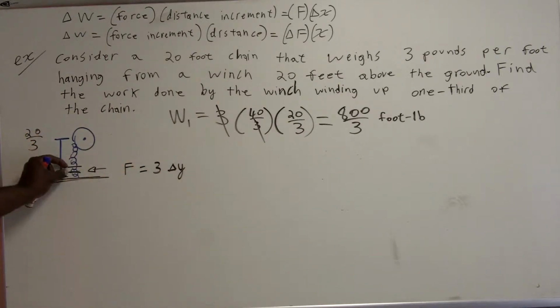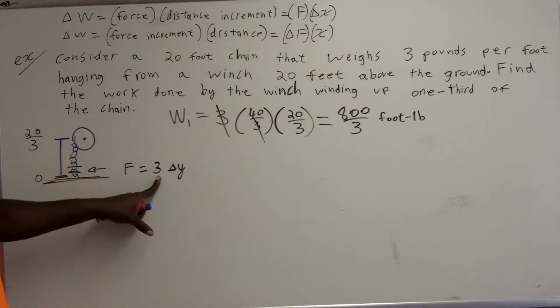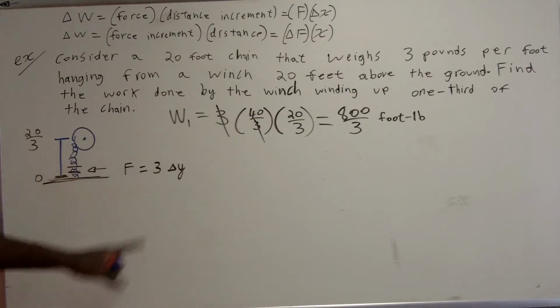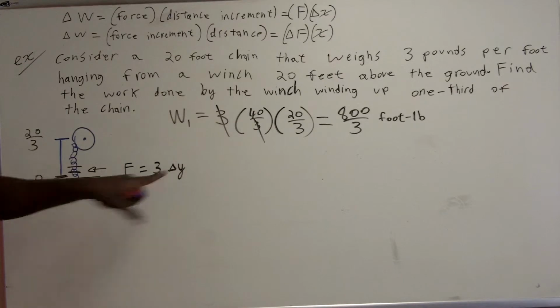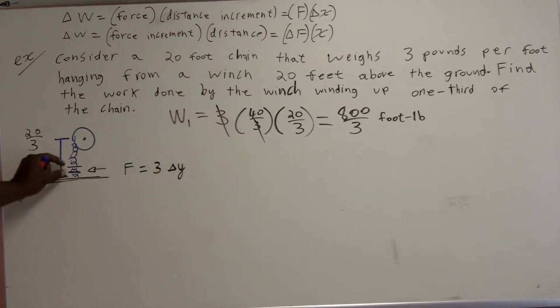So the number of feet in this little section is delta y, while the density for the weight is 3 pounds per foot. If you multiply 3 pounds per foot by that many feet, you'll get the force, or the weight, of just that little piece of chain right there.